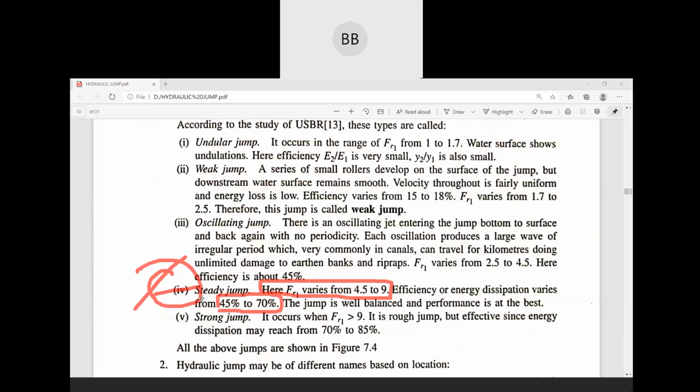If it is greater than 9, then it is a strong jump. If it is less than 4.5, then it is an oscillating jump, from 2.5 to 4.5. In our case, our Fr1 value is greater than 5, so that means it is a steady jump.